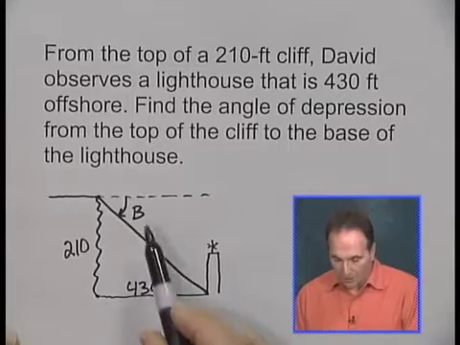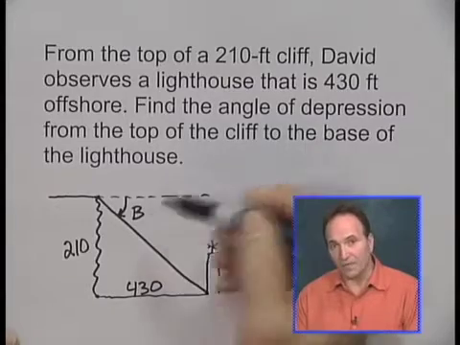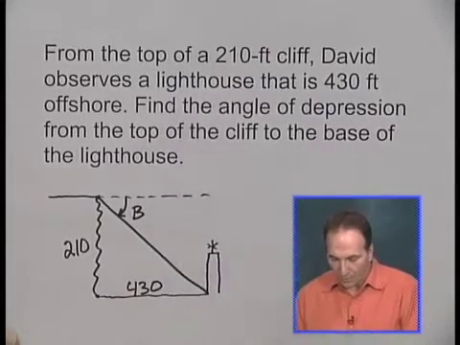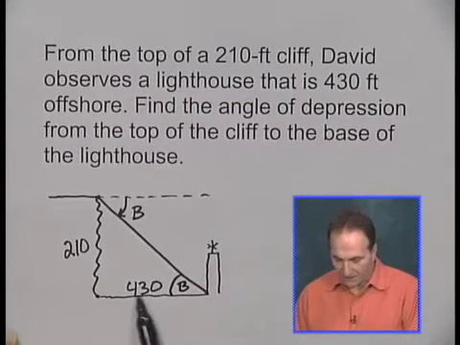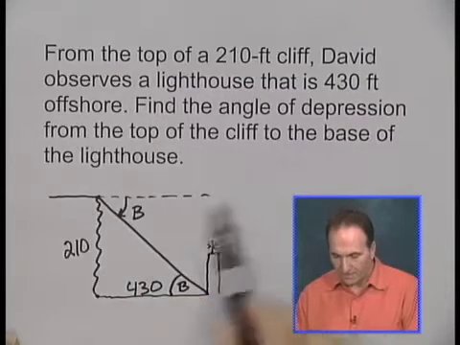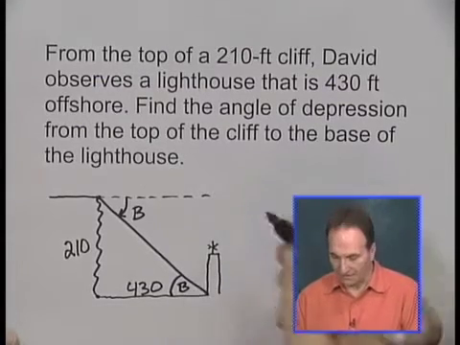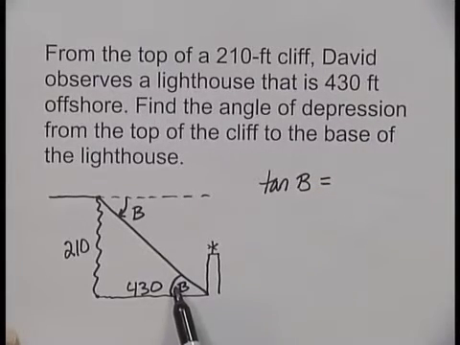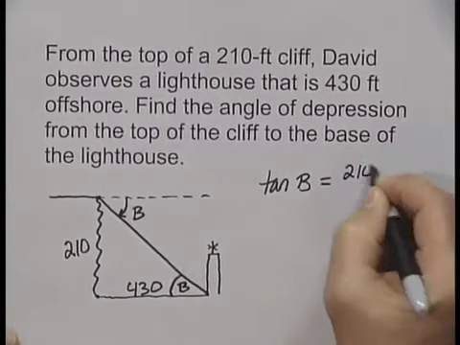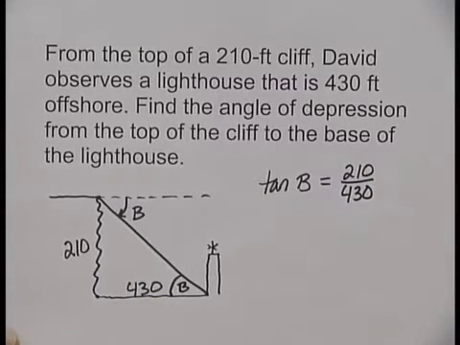So we're interested in this angle B, which is the angle of depression, and when we compare it with this triangle, we'll notice that this is also angle B because we have parallel lines cut by a transversal. And so now what we can say is that the tangent of angle B is equal to the side opposite B divided by the side adjacent to B. So 210 feet divided by 430 feet, and the units cancel.